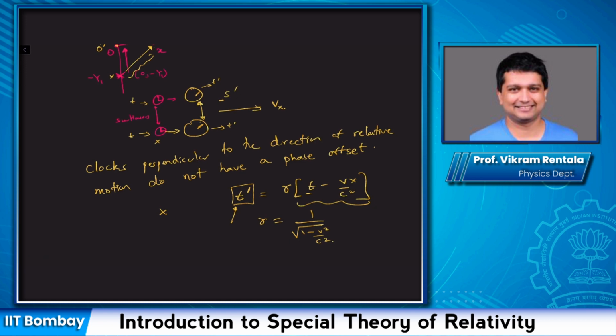Remember that simultaneity is only relative at a distance along the direction of relative motion. Perpendicular to the direction of relative motion, these events are simultaneous as seen by both observers. That is, all points on the rod appear to pass each other simultaneously.